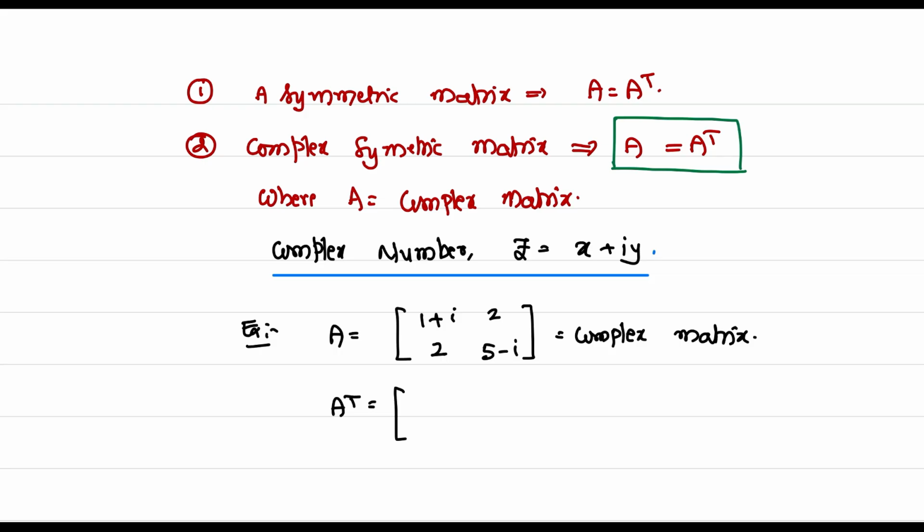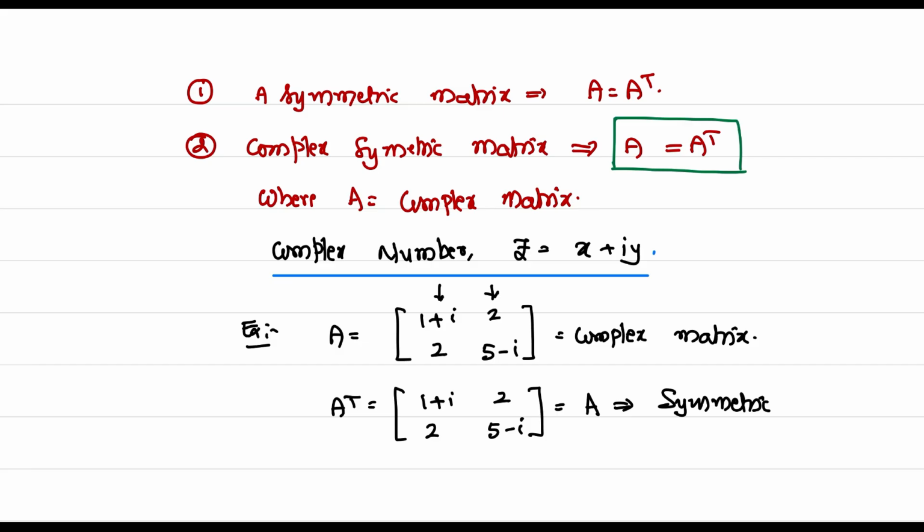First column is 1 plus i and 2. This is first column, that becomes row here. And second column is 2 and 5 minus i. That means A transpose is nothing but A. This implies symmetric, complex symmetric matrix. We can call like that.